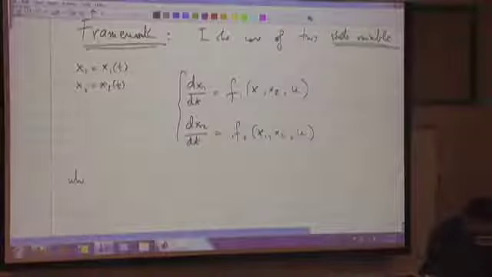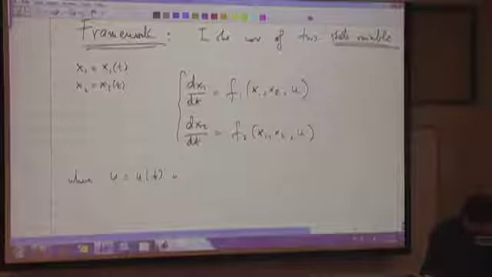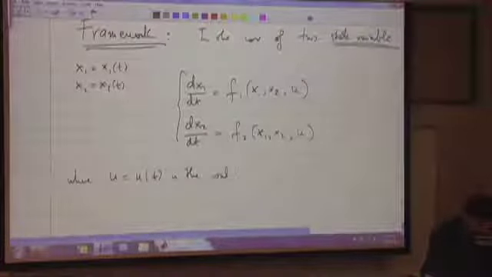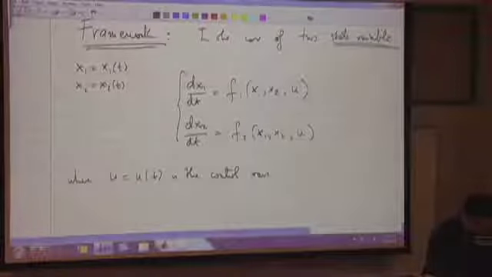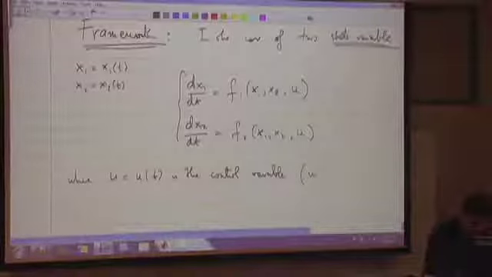Where u of t is the control variable, and at this stage is unknown.